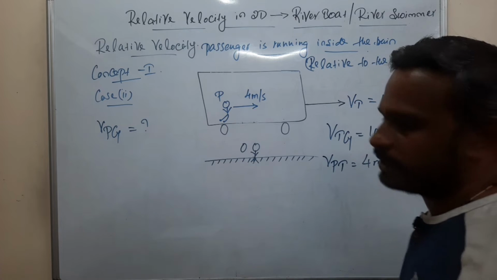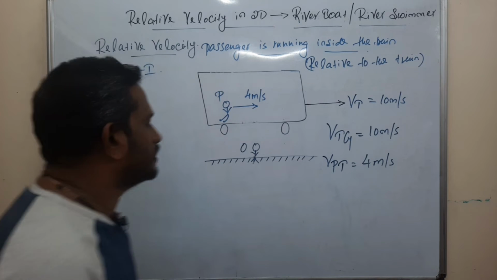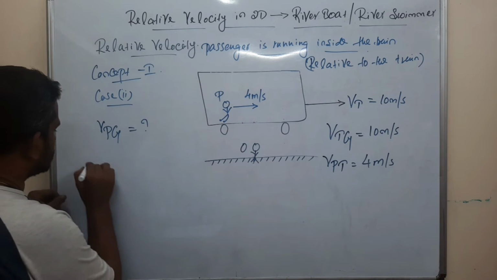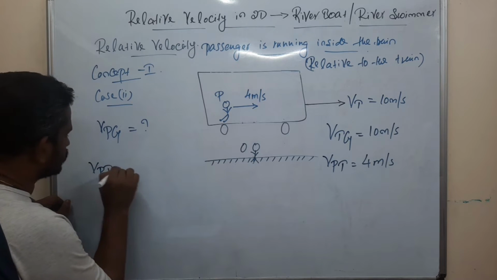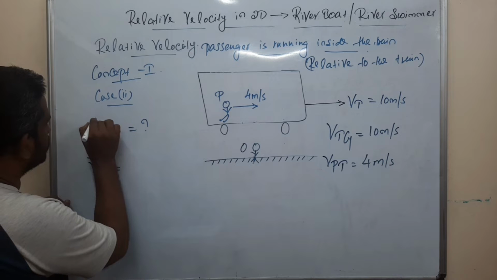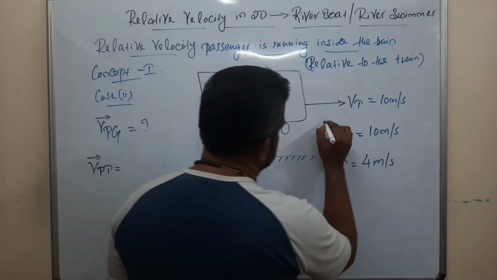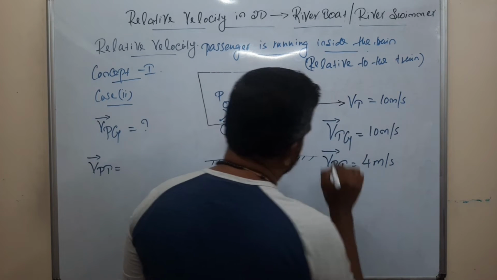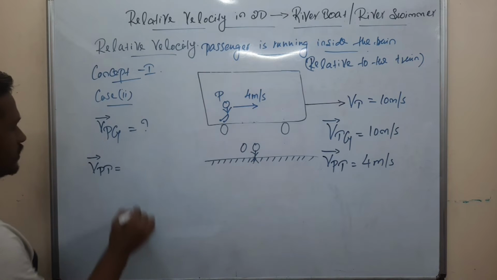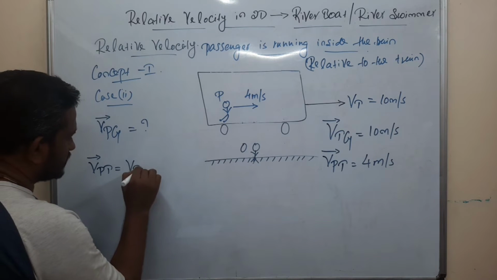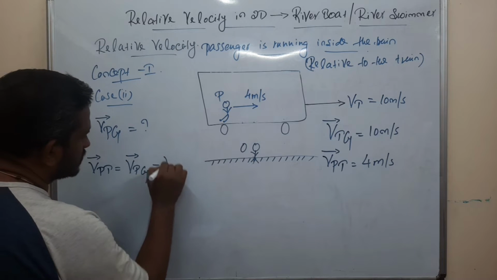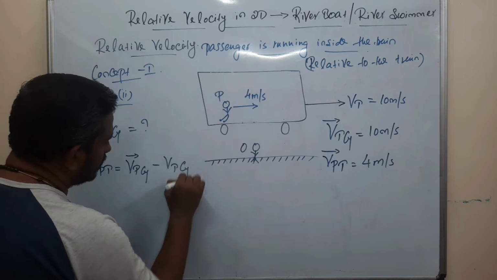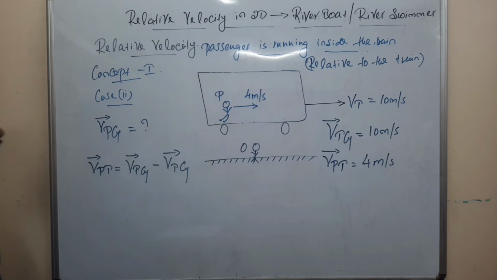The relative velocity formula: the velocity of the passenger with respect to the train, this is also a vector, is equal to the velocity of the passenger with respect to the ground minus the velocity of the train with respect to the ground.